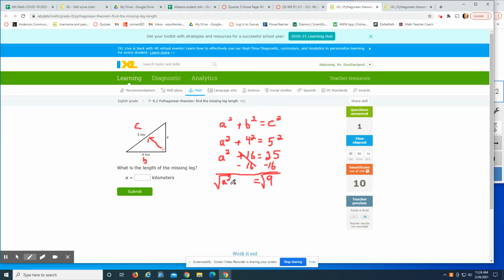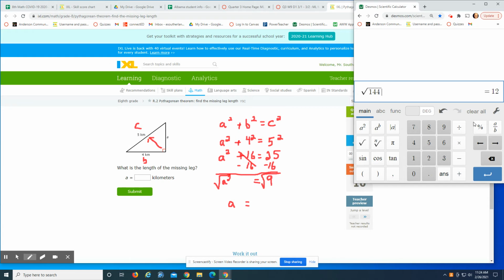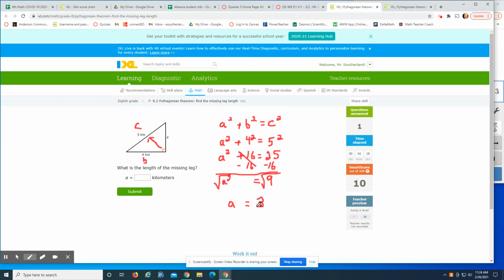A is going to be the square root of A squared. Equal sign drops down. Then I can go to the calculator and type in square root of 9, but I know it's 3. So then I would just go back and type in 3. Click submit.